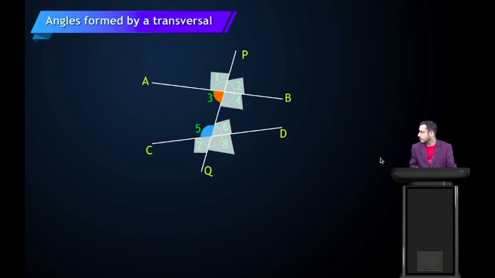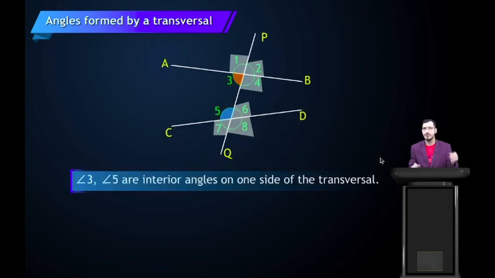Now when we see angle 3 and angle 5, both are interior angles on one side of the transversal.